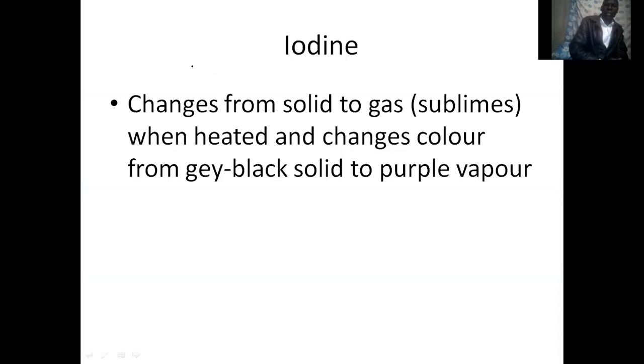For example, if you expose iodine to heat, it will change from a gray black solid to form some vapor, and that's what is known as sublimation. It changes directly instead of melting.